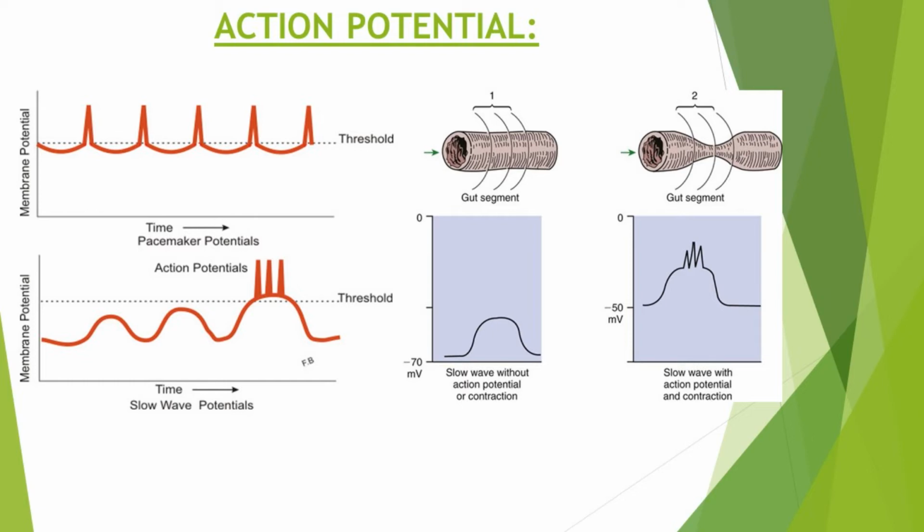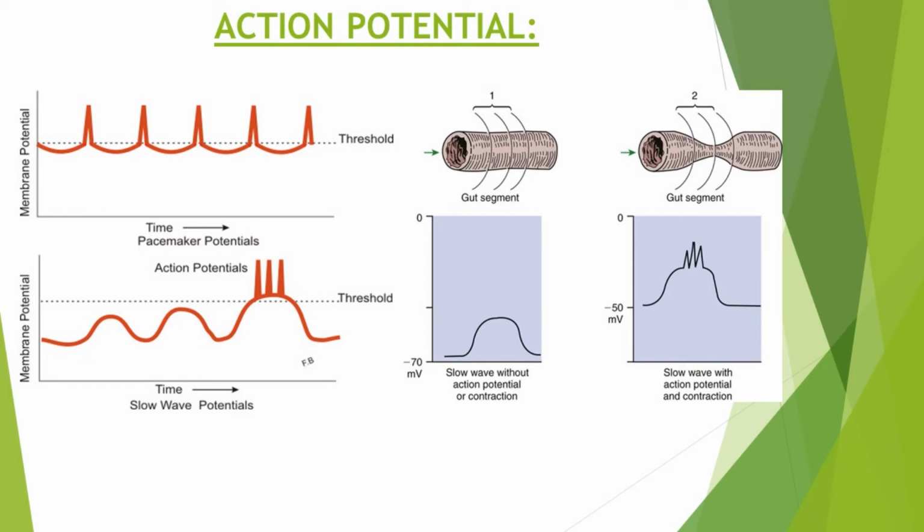If action potentials are produced on four slow waves, then four contractions occur per minute. And if action potentials are produced on five slow waves, then five contractions occur per minute, which is the maximum limit of contractions per minute in the canine's stomach.